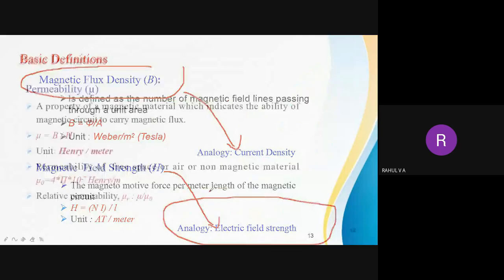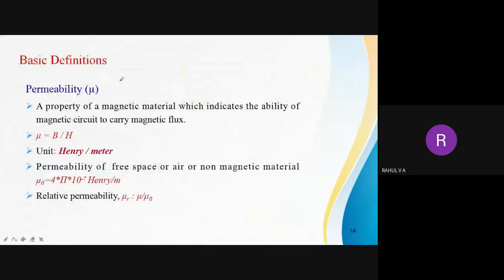So what is permeability? Mu. It is a property of a magnetic material which indicates the ability of a magnetic circuit to carry magnetic flux. It is just opposite to reluctance. Reluctance was opposite, but permeability indicates the ability of a magnetic circuit to carry magnetic flux.